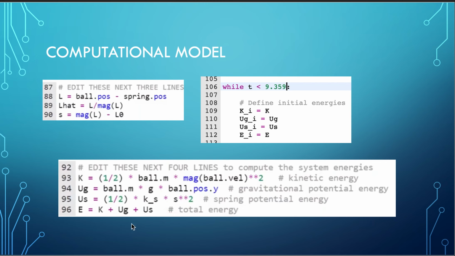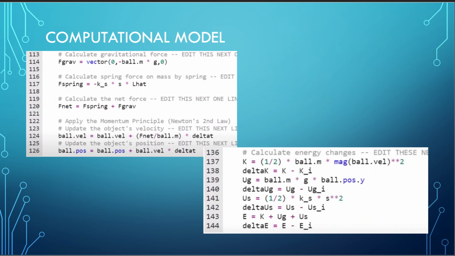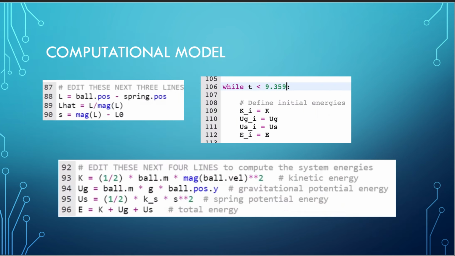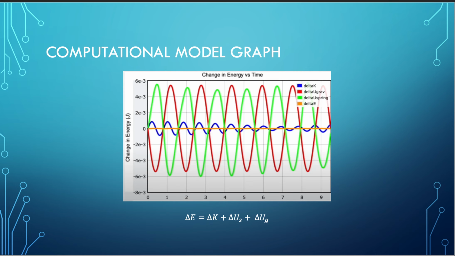And the last one is the spring potential energy formula, which is also from the first slide, and this is the total energy formula, which is just summing these three. One more thing. And here we define the initial energies.